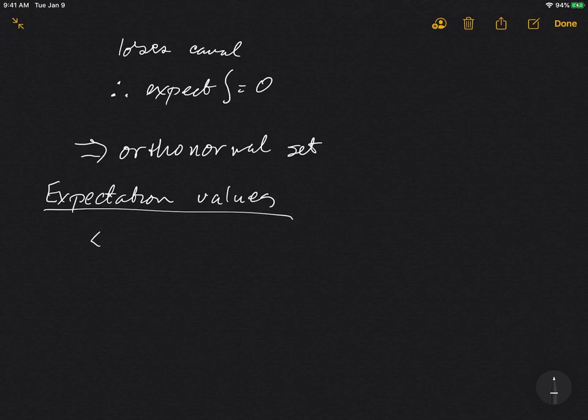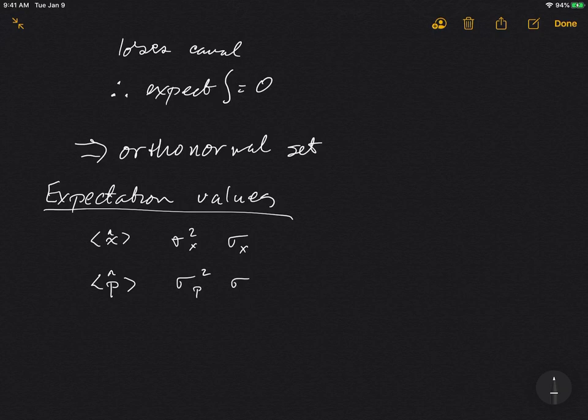So we're interested in things like the expectation value of x, the expected average value of position, and also the variance or standard deviation associated with position. It tells you how spread out the particle is in position. Similarly, we're interested in the average momentum and the variance or standard deviation in the momentum.